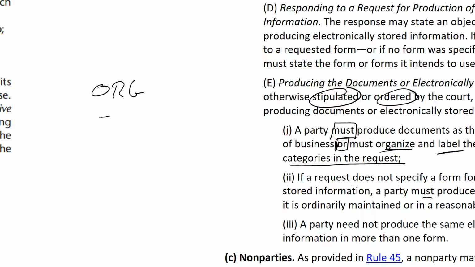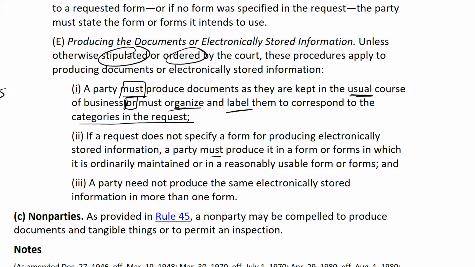Either as they are in the usual course of business or pursuant to the categories in the request, right? So this would be how the responding party keeps them, and to organize them by the categories in the request would be how the requesting party has asked for them. Okay, well, the responding party has to choose one of those two methods to organize them, right?